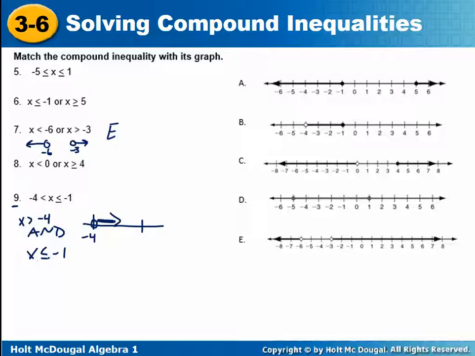We also need a closed circle at -1 because it says less than or equal to, and we want all the values less than that. So which graph would have the overlapping region from greater than -4 and less than and including -1? And that looks like B. So you could sketch it on your own paper and then find the matching one there.